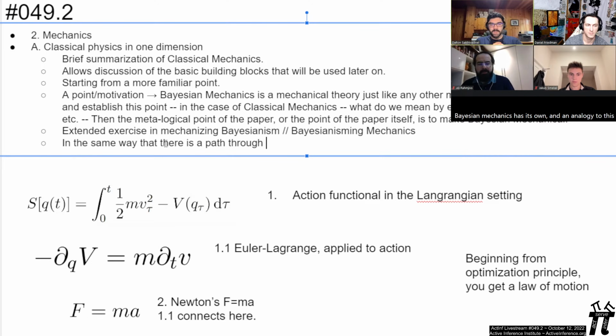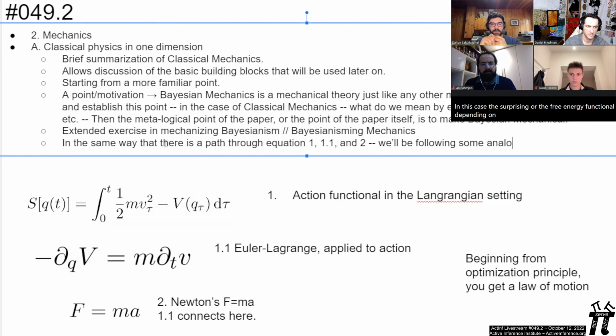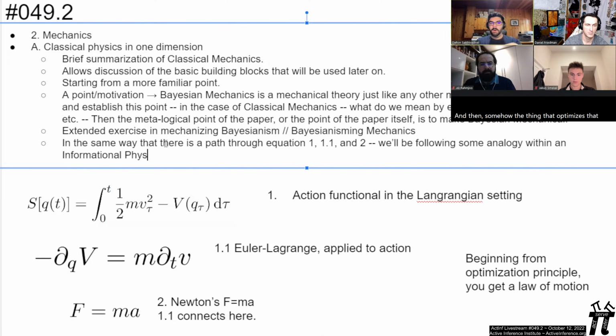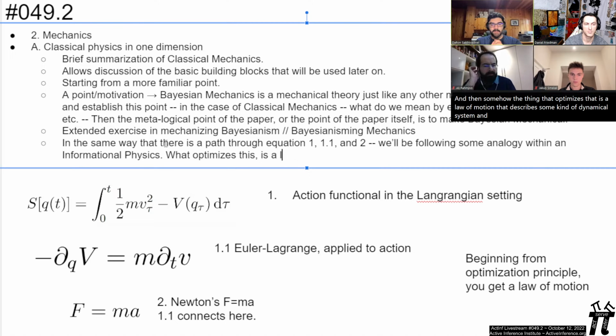If we want to regard this as a kind of informational physics, then we can begin with some kind of action functional, in this case the surprisal or the free energy functional, depending on the situation, and then the thing that optimizes that is a law of motion that describes some kind of dynamical system. In the informational or Bayesian case, that is approximate Bayesian inference.